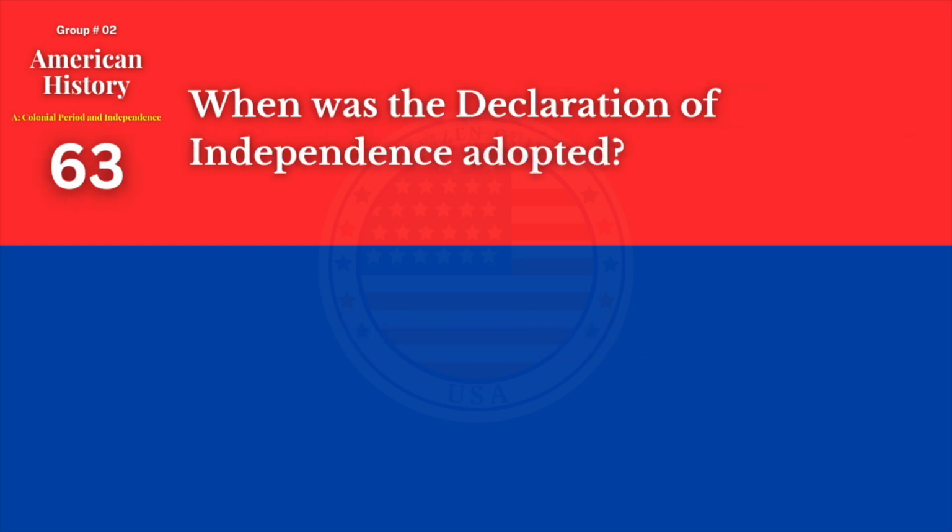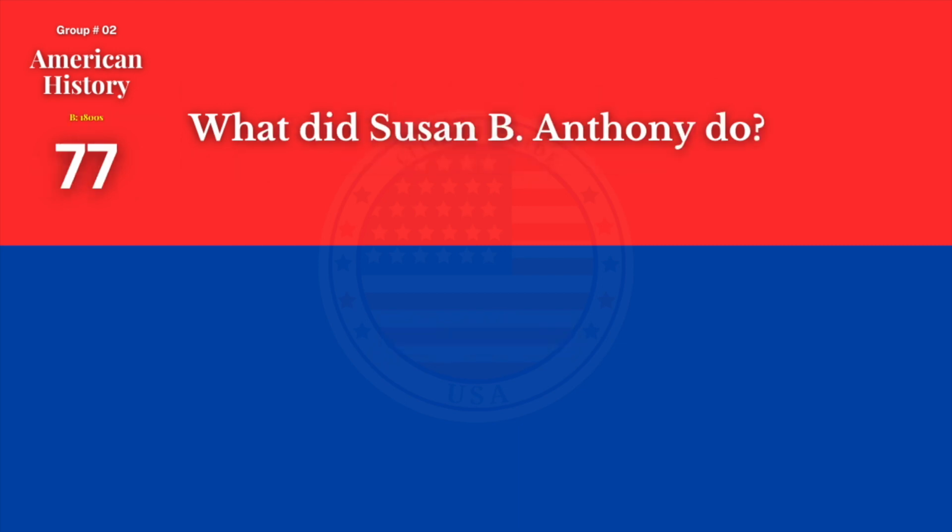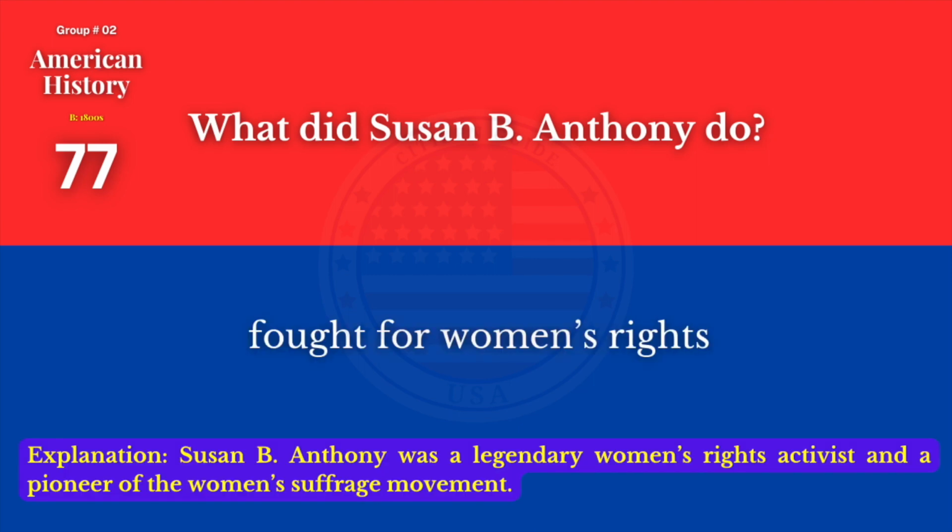When was the Declaration of Independence adopted? July 4, 1776. What did Susan B. Anthony do? Fought for women's rights.